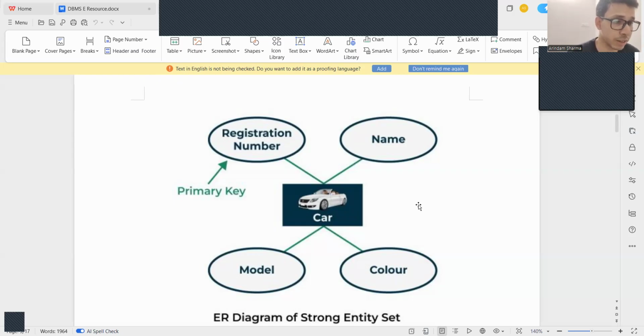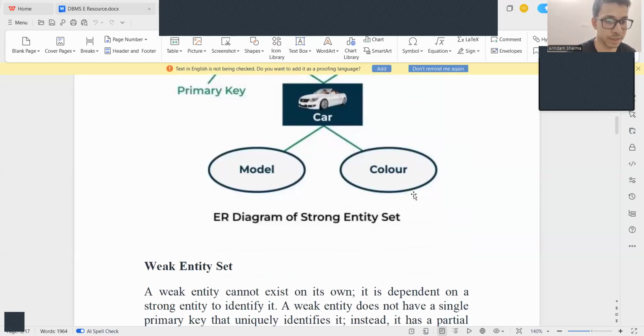Lots of Vernas are there. It is not just one vehicle that the company has produced, and lots of colors are there: blue, black, lots of colors. But each Verna car is uniquely identified by its registration number only. Okay, so this is how it works.